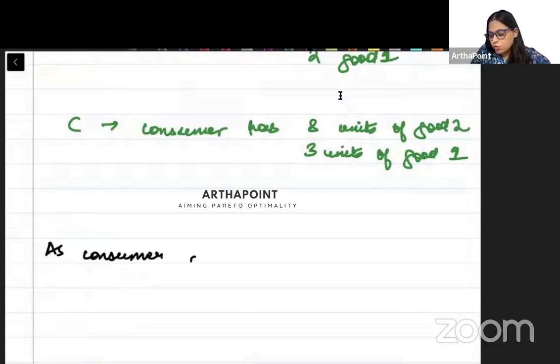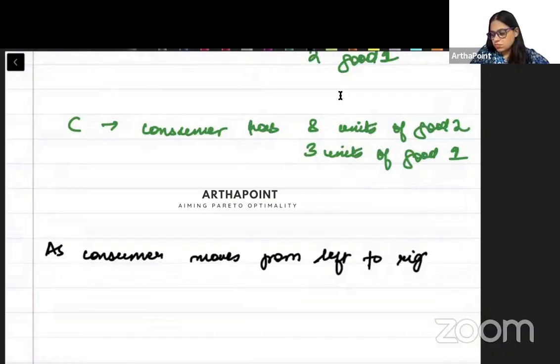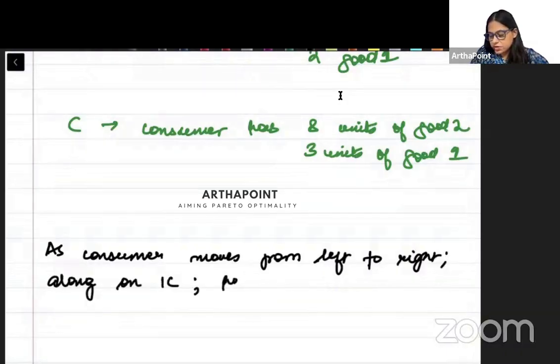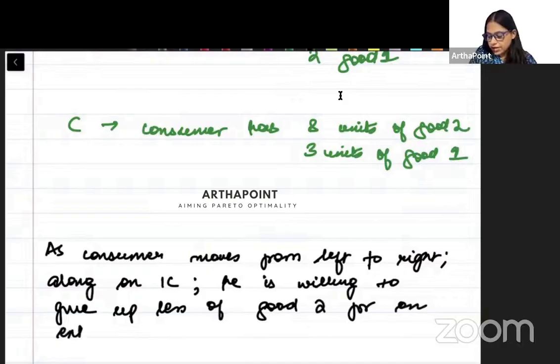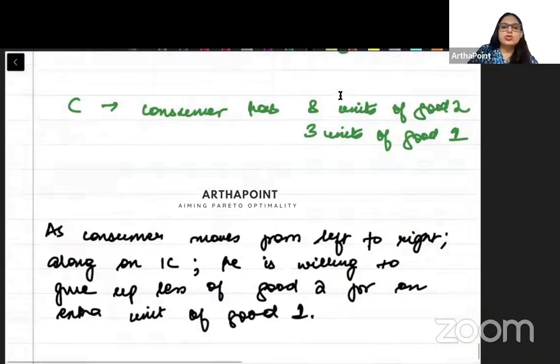So as the consumer moves from left to right along an indifference curve, he is willing to give up less of good 2, less amount of good 2 for an extra unit of good 1. वो कम good 2 देना चाहेगा for extra unit of good 1.